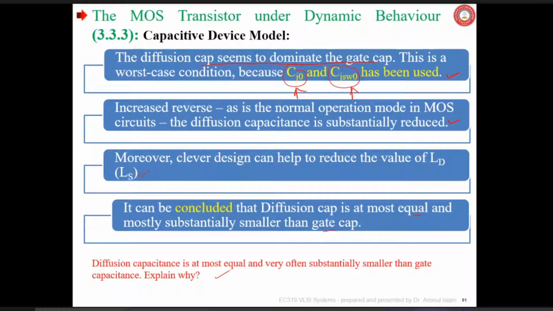So if you calculate that way, it is the worst case. But in normal operation, the MOSFET will mostly be biased, so the value will be less. Moreover, clever design can help you reduce LD and LS. It can be concluded that the diffusion capacitance is at most equal to, and mostly substantially smaller than, the gate capacitance.